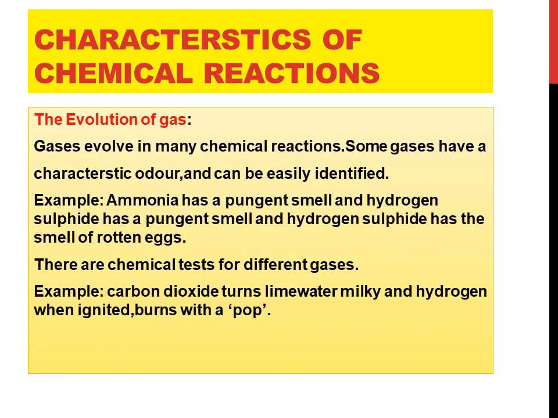Now let us move further to the evolution of gas. That is the second most important characteristic of a chemical reaction. Gases evolve in many chemical reactions. Some gases have a characteristic odor and can easily be identified. While our mother is cooking food at home in the kitchen, some people have a great sense of smell, right?